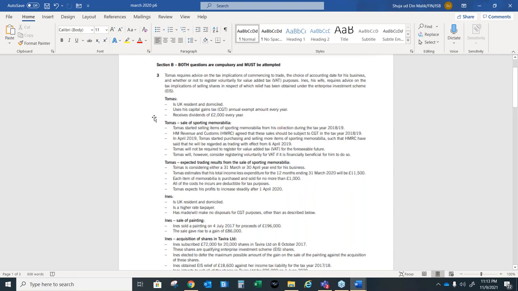He's utilizing it, so it implies that his gains are equal to or maybe more than his annual exemption. He receives dividends of 2000 every year. When you see dividends of 2000 every year, the nil rate band for dividends should click in your mind, and you have to highlight it in your mind or on your paper so that you do not forget the nil rate band application while attempting the question.